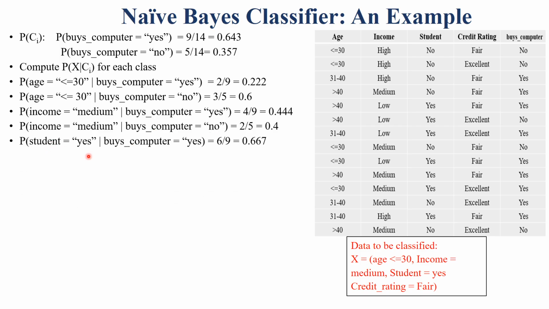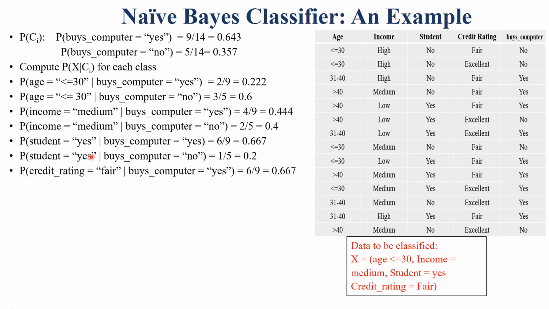Probability of student yes given buys computer equal to yes is 6 by 9. 6 records out of 9. Probability of student yes given buys computer equal to no is 1 by 5. There is only 1 record out of the 5 records whose student is yes. Credit rating equal to fair given buys computer equal to yes is 6 by 9.